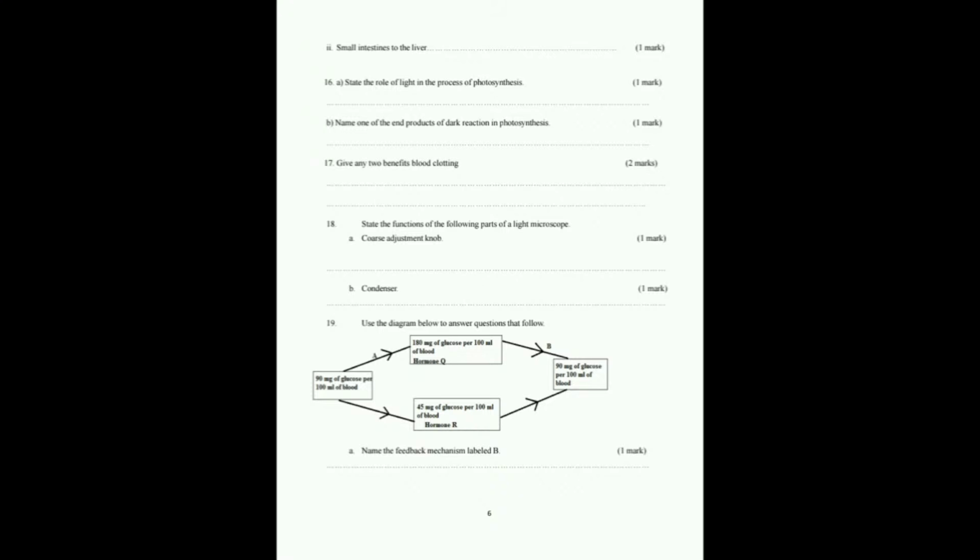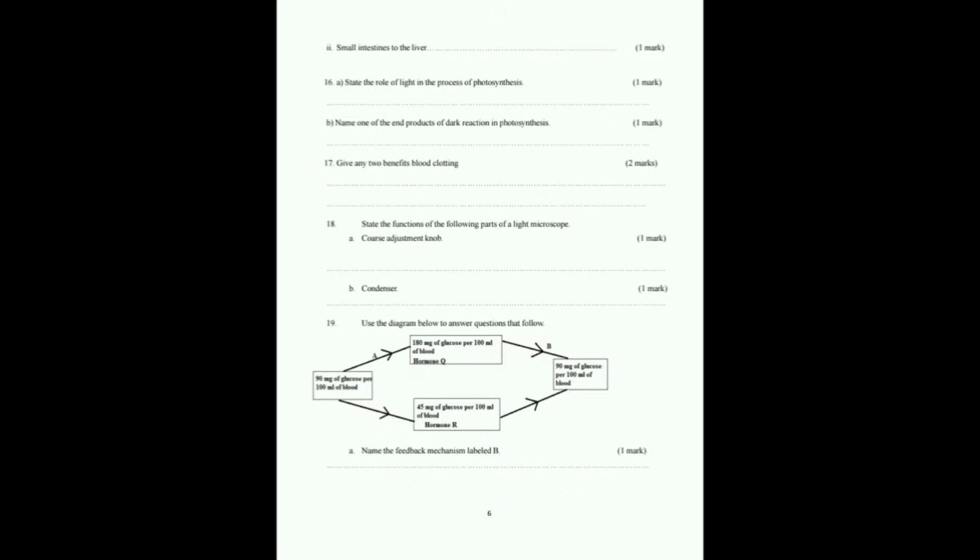Identify hormone R. We are having this hormone R when the glucose level is lower. So the hormone R is supposed to cause a corrective mechanism, to make the lower glucose in the blood become normal. The hormone that is responsible for that is normally glucagon. When the blood sugar level goes below the normal, glucagon is normally produced. You all know the functions of glucagon and insulin.